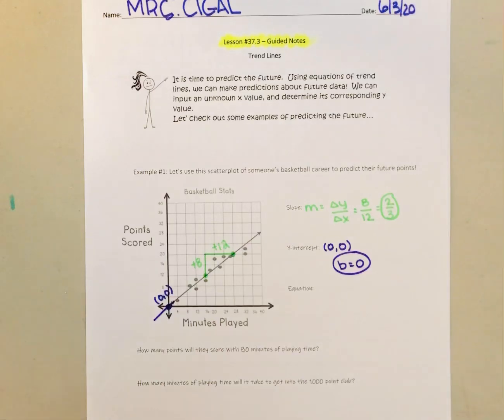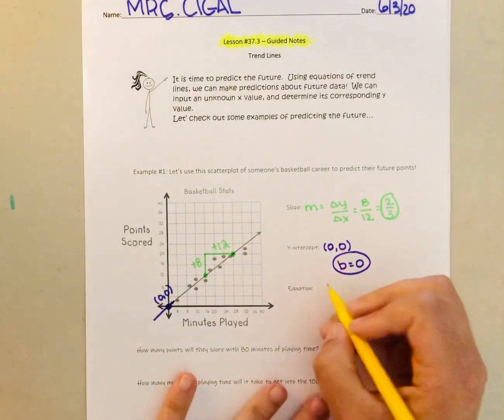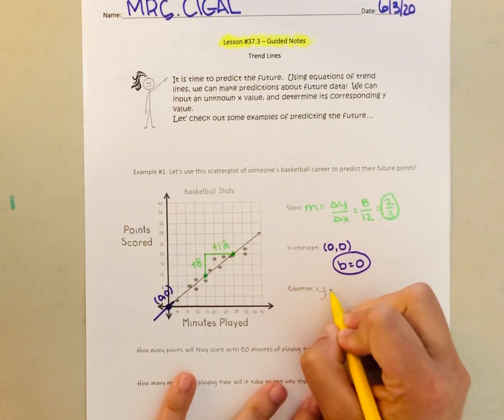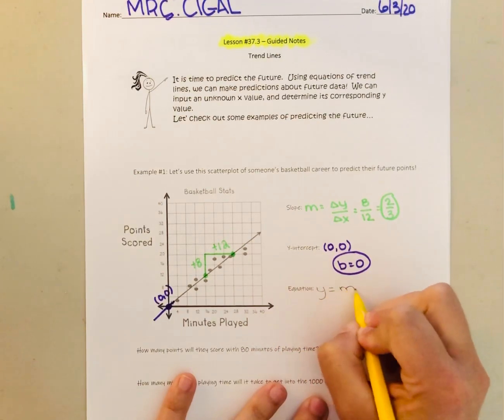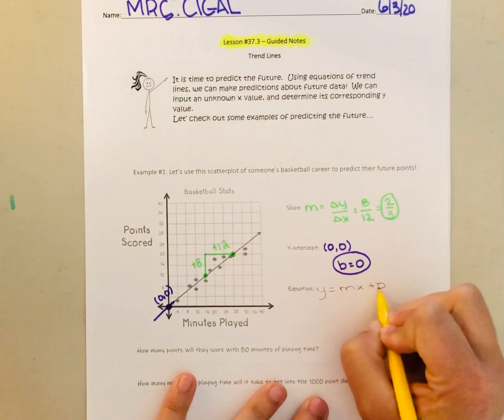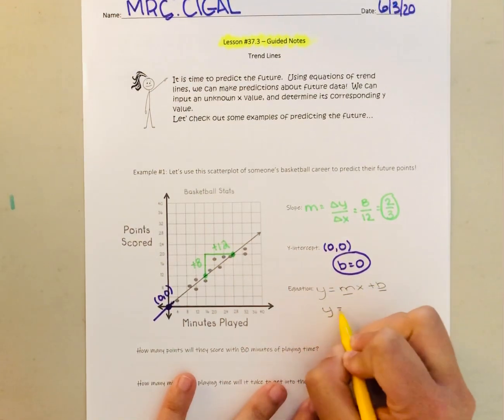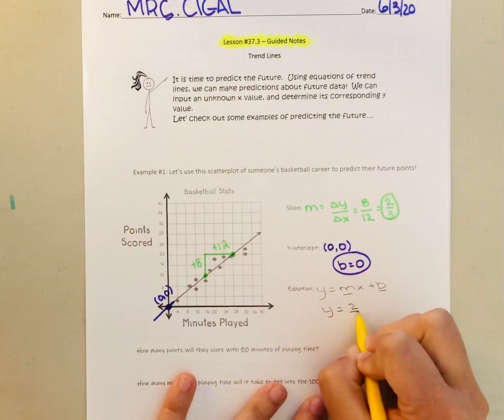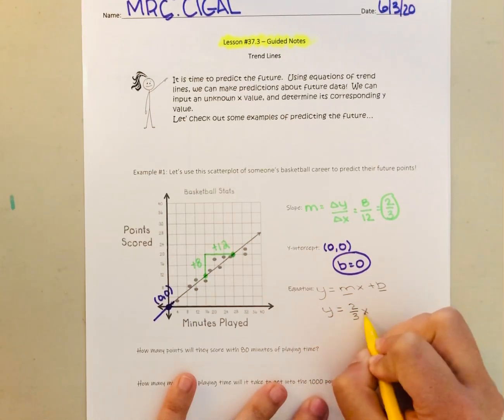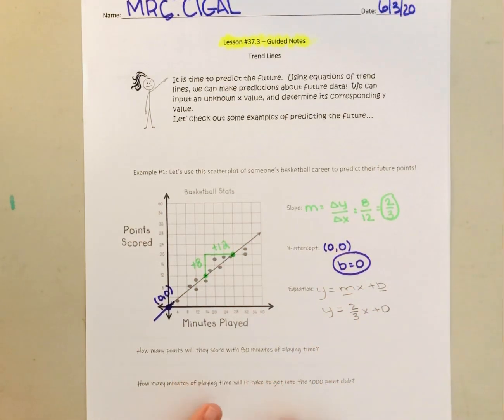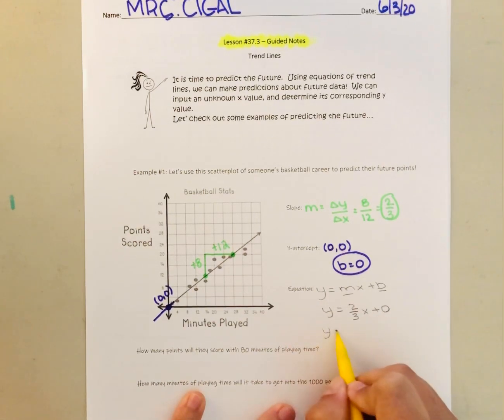So now I have a slope and I have an intercept, which means I'm ready to write an equation of a line. So this trend line in y equals mx plus b form, where m is my slope and b is my intercept, is going to give us y equals 2/3 x plus 0. But we really don't need this plus 0 because it doesn't change anything.